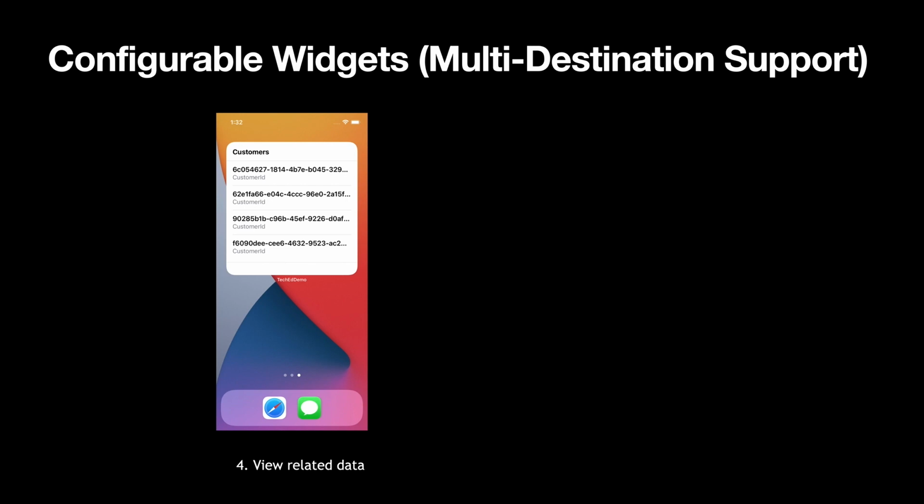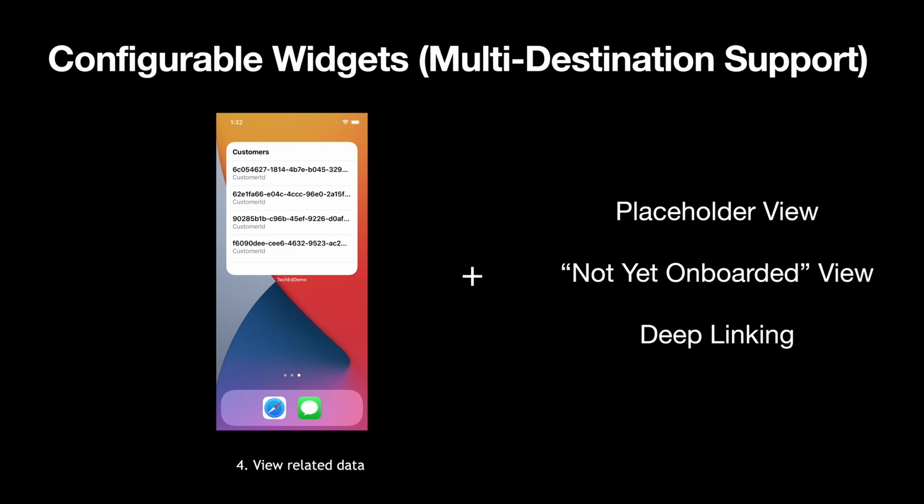In addition, the SDK provides various SwiftUI views used, for example, in the preview or in case the user has installed the app and added a widget but has not yet onboarded it. Also, the SDK provides deep linking capabilities, so if a user selects one of the rows in the widget, then a navigation occurs into the app.